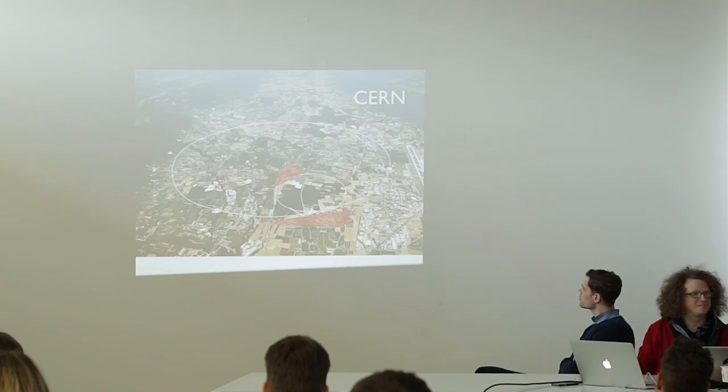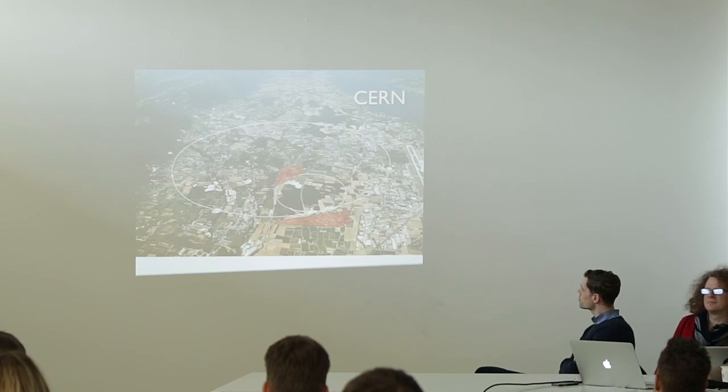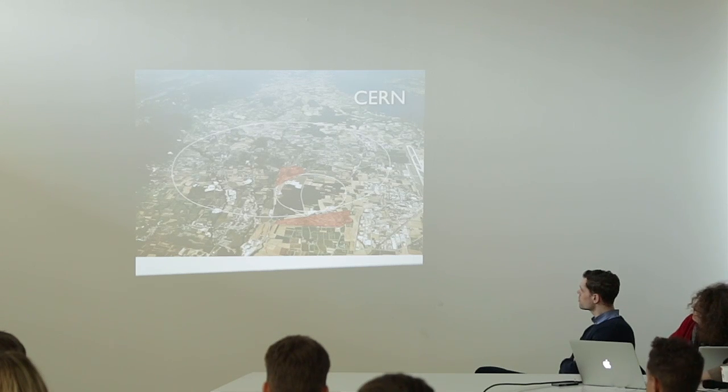Of course, if you flew over and landed at Geneva Airport, you can see on the right side a little bit the landing fields. And you see our two laboratory areas colored in red where we work, and then outlined here with these white rings a schematic view of the accelerators.